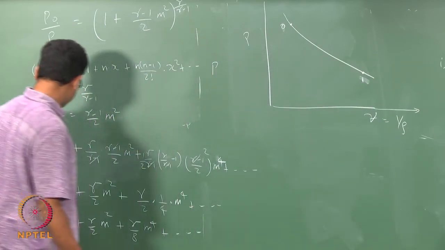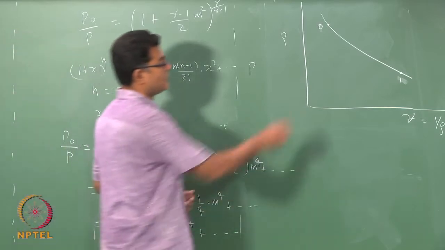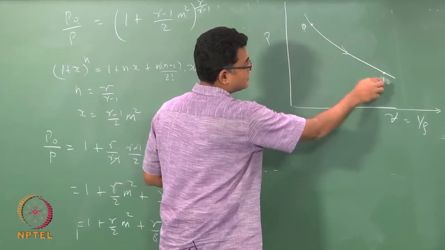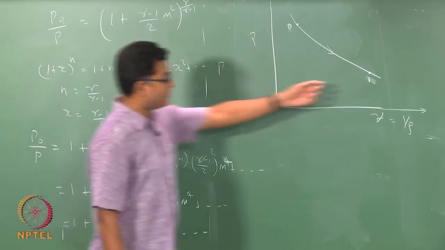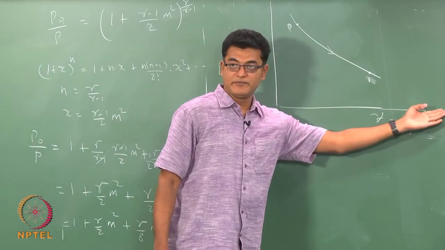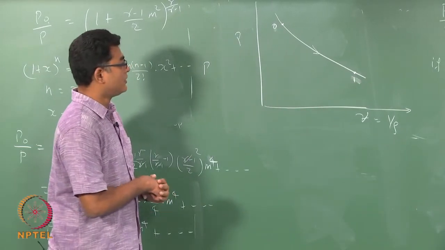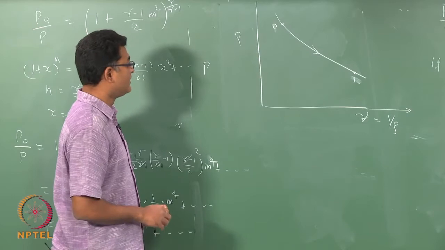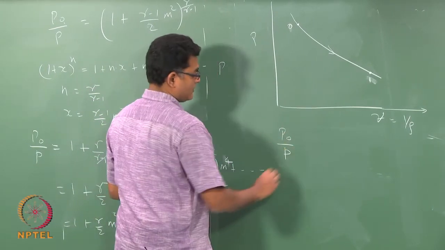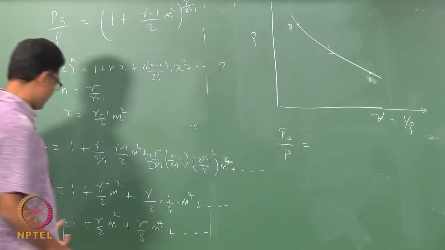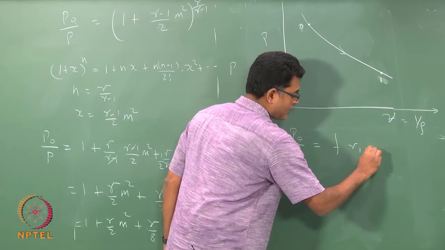So, I have a process from 0 to 1, which is not your condition where we have Vmax, some point, some state in the flow. Now, during this process, my P0 by P goes in this particular fashion, which is a function of gamma and M.